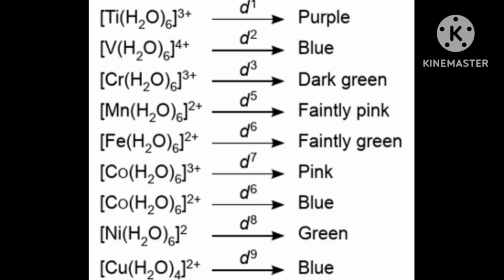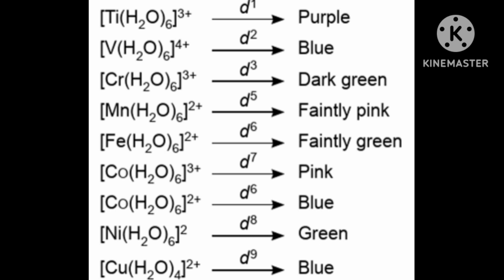Then this pale blue became blue or purple when 2 more H2O went outside and 1 more en came. And in the third case, the remaining H2O also went and 1 more en came. Now it became violet, meaning [Ni(en)3]2+ is the violet one. Okay, this is what I have discussed about complex formation.